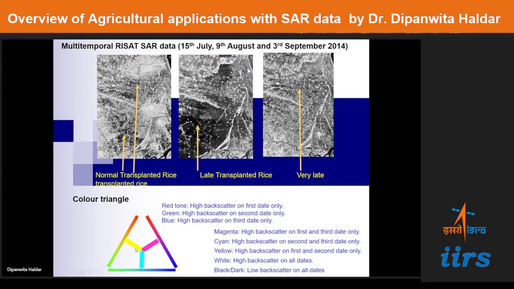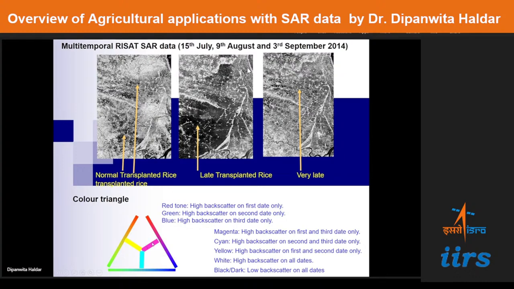Now suppose you have a low backscatter in the second date. Consequently, there will be high backscatter in the first date and in the third date, but low backscatter in the second date. So you'll get a magenta tone, a combination of red and blue.